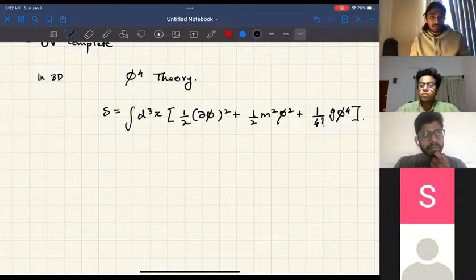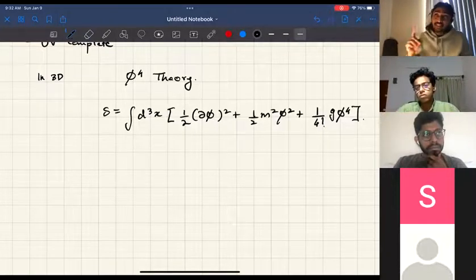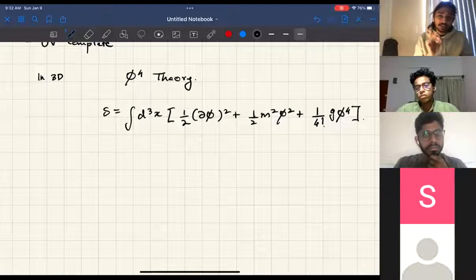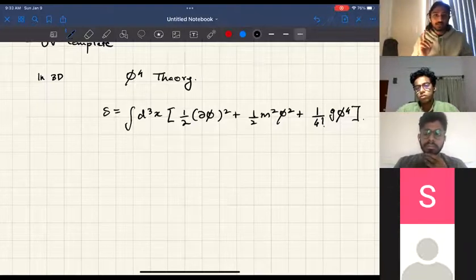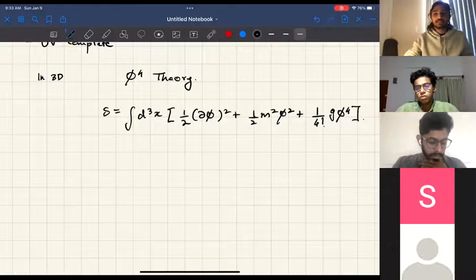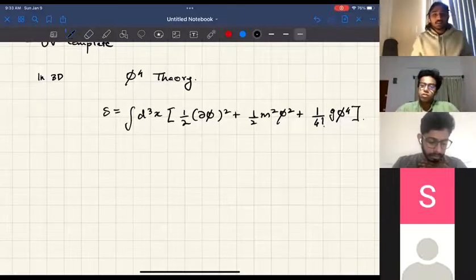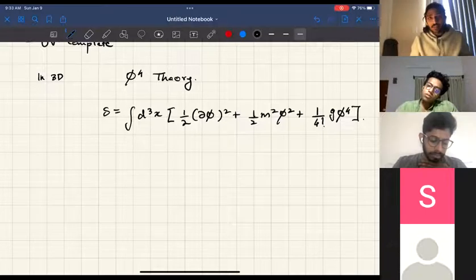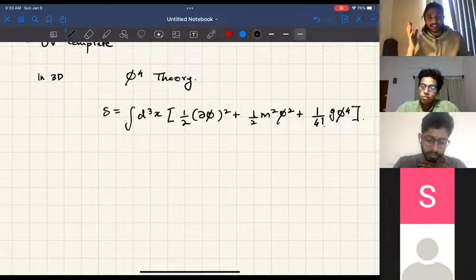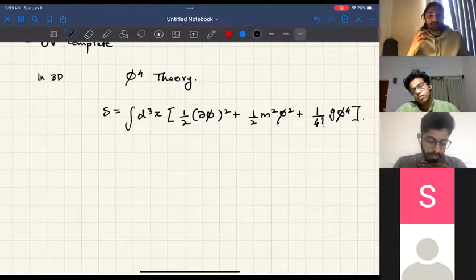That's essentially the point. However, for some special values of m squared, we do get a non-trivial CFT. We'll talk about that later. Actually, we'll talk about it now. When we have these non-trivial CFTs, it's very hard to solve them.